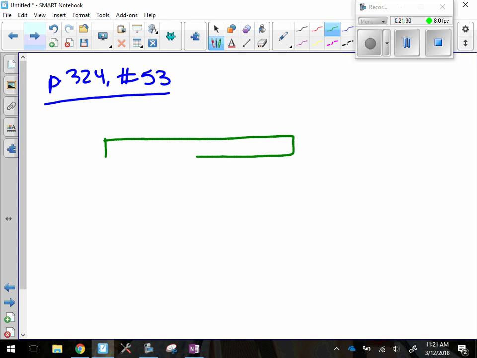So let's visualize this. Here's my rod, okay, and it has an axis of rotation in the middle here.